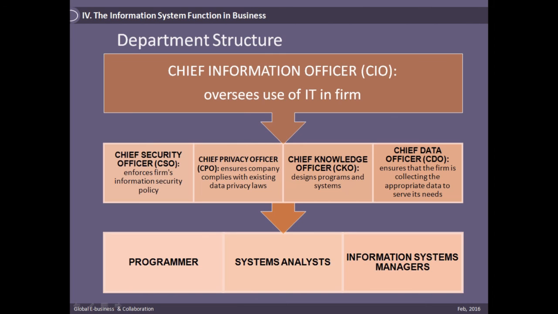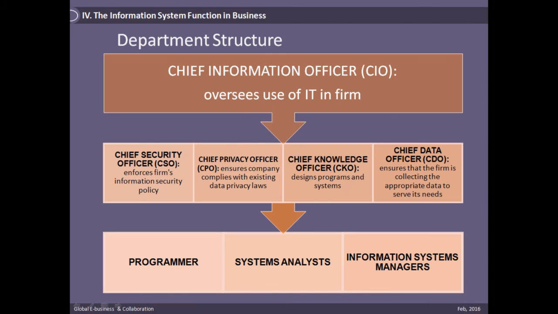The Information System Department also consists of specialists such as programmers, system analysts, and information system managers. Programmers are highly trained technical specialists who write the software instructions for computers. System analysts constitute the principal liaison between the information system groups and the rest of the organization.